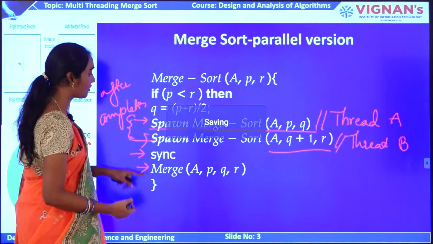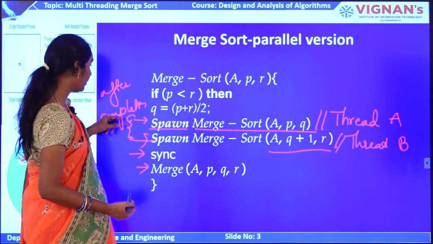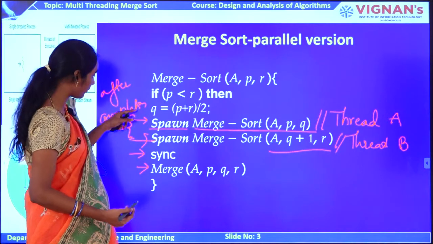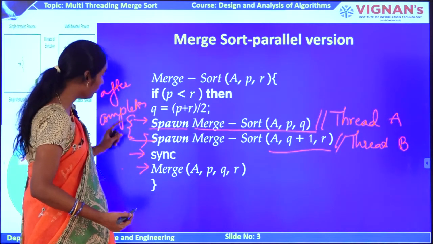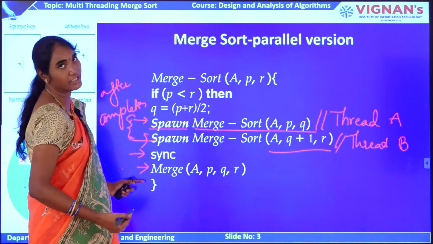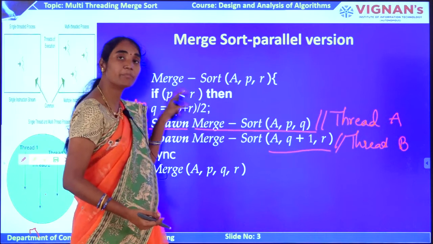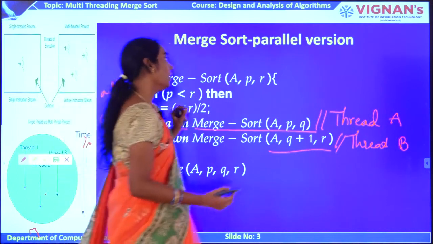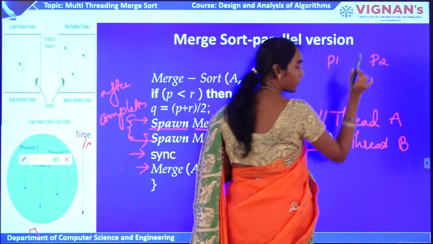What is the next instruction? Merge. So after completion of these two, where I have sync, the merge instruction will be executed. Now how will this be executed? In parallel. Here, let us suppose we have two processors, P1 and P2.